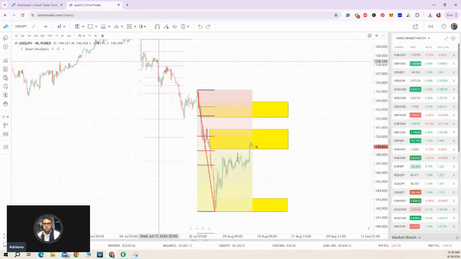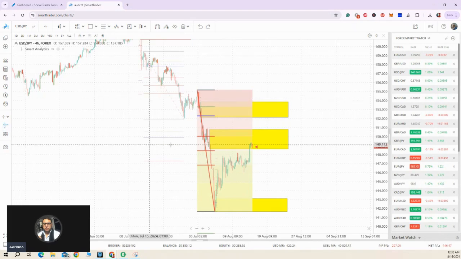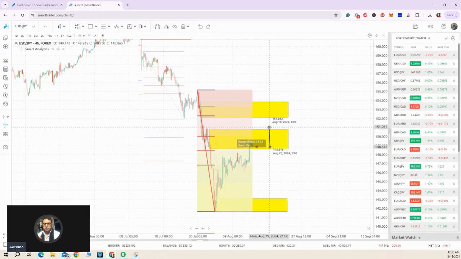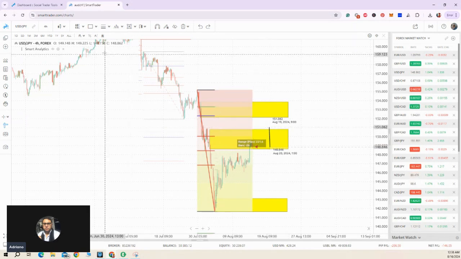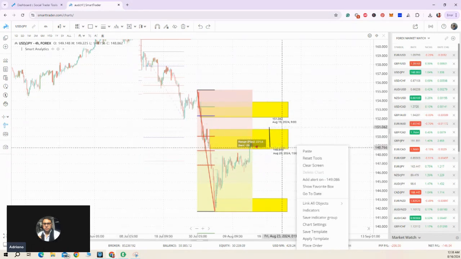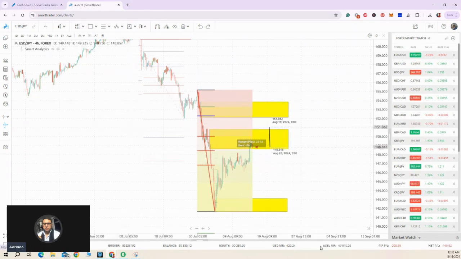So yeah, I think on Japanese yen, I'm gonna take this trade. Let me see how much is my risk here. It's gonna be 220 pips. Okay, let's take this trade here.